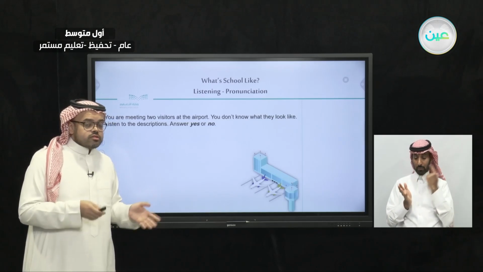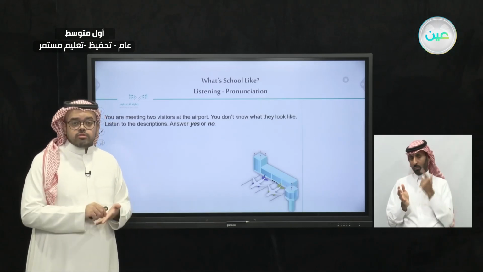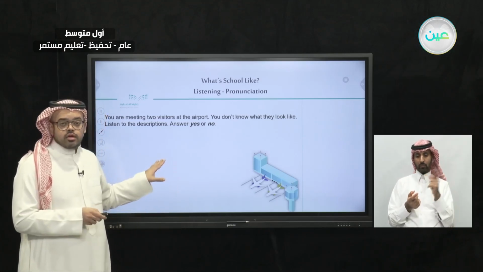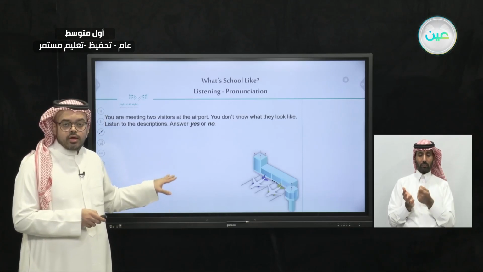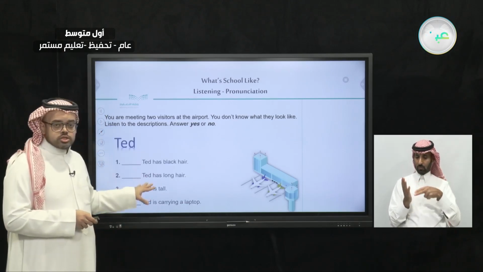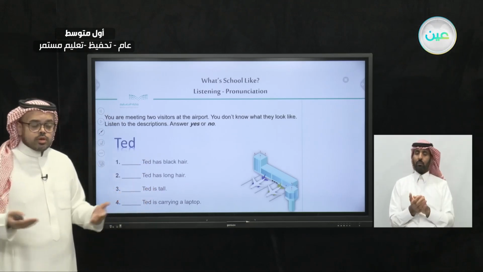So we need to listen to the description. After this, when we listen to their description, we're going to answer the description that is already written in the book. So let's first read those descriptions, and after this, we listen to them talking about themselves.